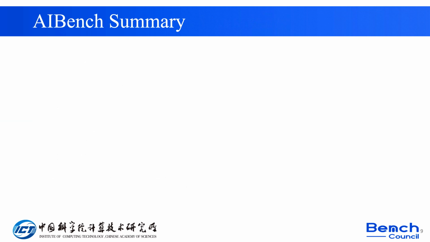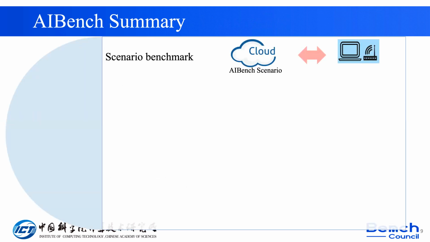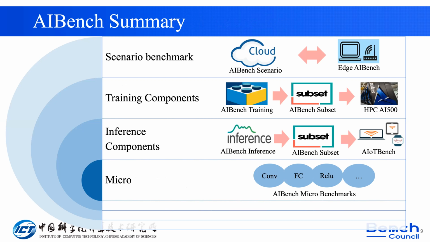In our BenchCouncil AI bench system, we propose a scenario benchmark, and I have introduced it. So we think a scenario benchmark is needed. A scenario benchmark is a proxy of a realistic application scenario and a permutation of a series of AI and non-AI components to capture the critical paths and primary modules.